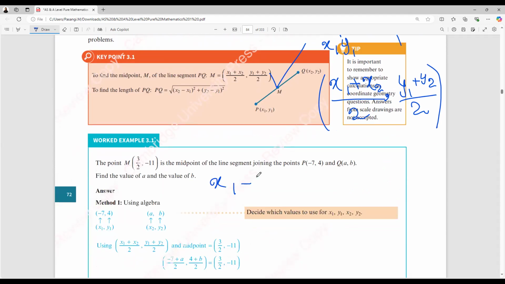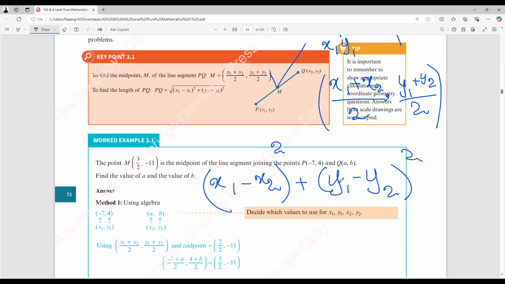That means x1 minus x2 squared plus the difference y1 minus y2 squared. We add these two together and take the square root to find out the length of PQ.